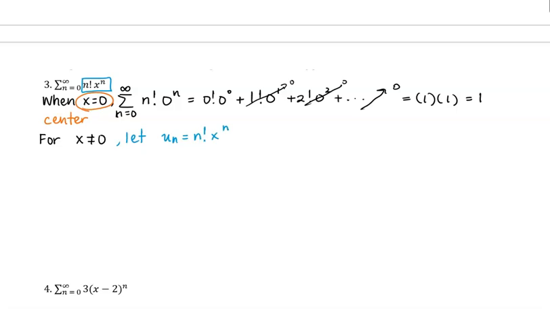The reason that I'm calling everything on the inside of the series that is because now I want to use the ratio test. So if I'm going to be using the ratio test, I need to be looking at the limit as n goes to infinity of the absolute value of u sub n plus 1 over u sub n.